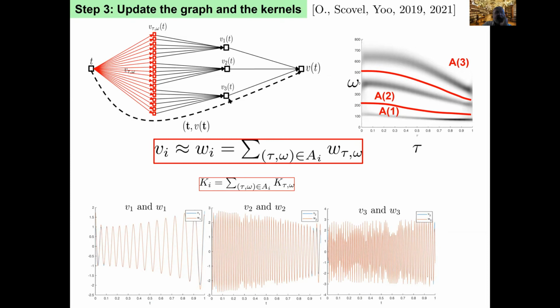To perform this aggregation, we use the activation energy to partition the time frequency domain into 3 subsets, A1, A2, and A3. And we recover the coarse mode i as the sum of the fine modes indexed by tau and omega for tau and omega in the subset A_i. And these figures show the true and recovered modes. So the method has near machine precision accuracy.